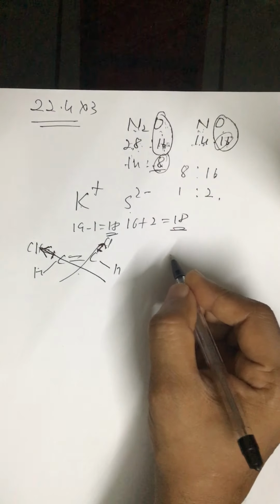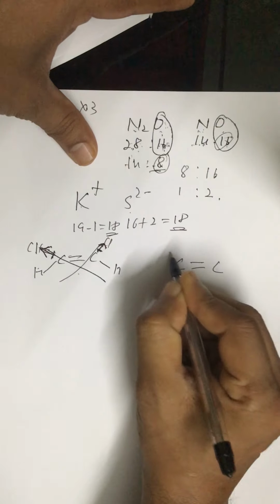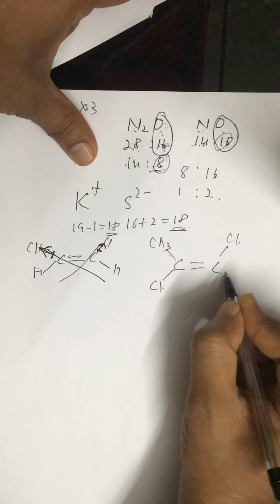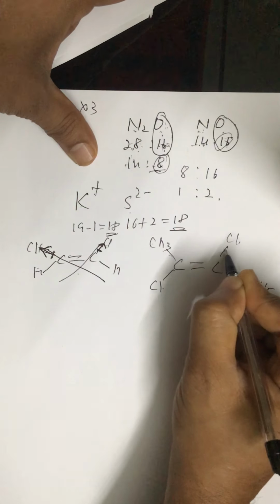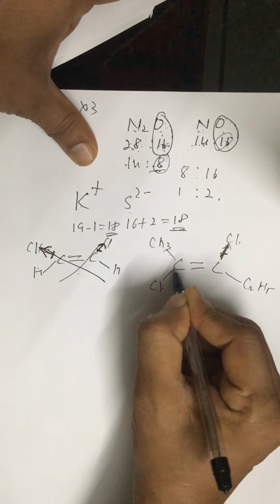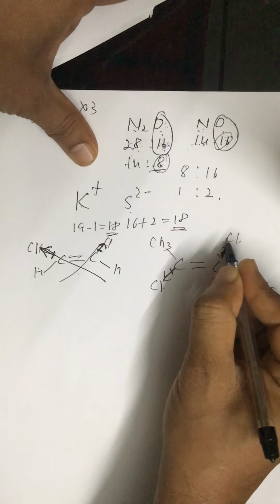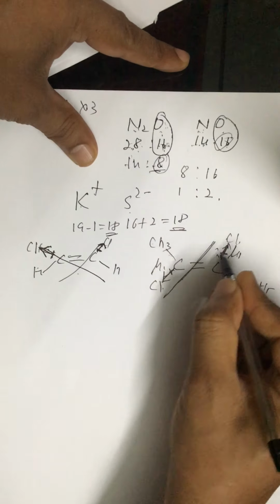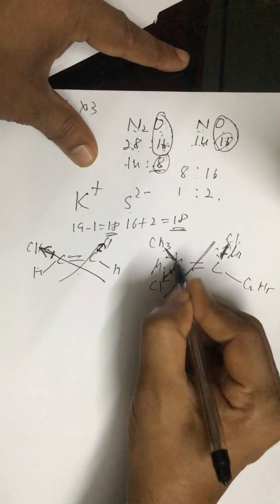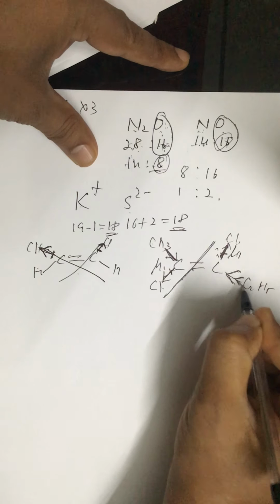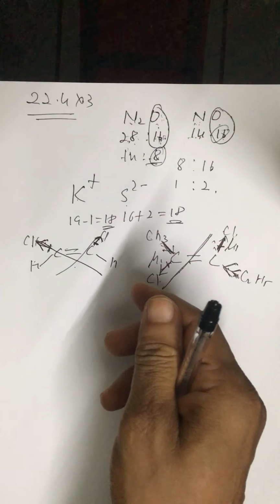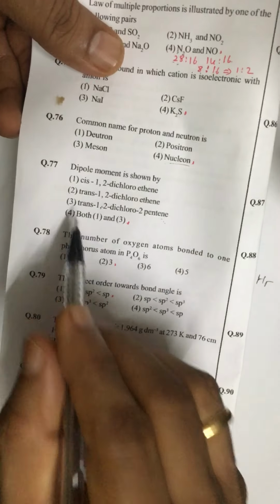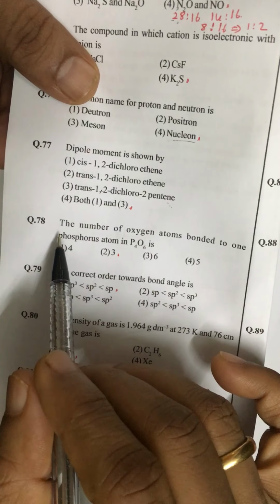In 2-pentene, this is a methyl group, this is trans. Though this is trans, these two will nullify each other, because they are at 180 and mu1 is equal to mu2. So these two will cancel, but the methyl group and ethyl group will not cancel each other's dipole moments. So it has some net dipole moment. So the correct answer is the fourth option.